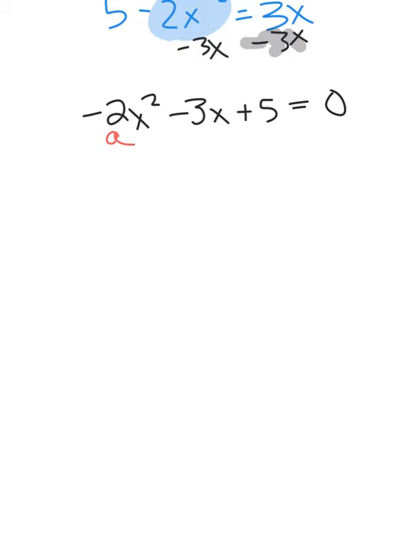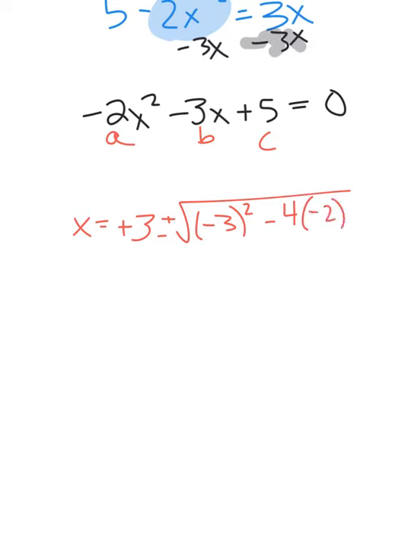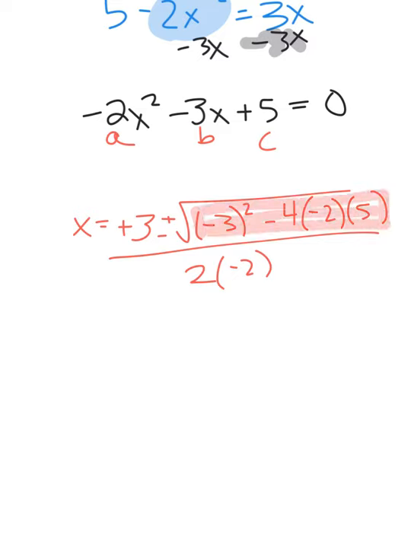So we've got the a, the b, and the c. X equals negative b, so positive 3 plus or minus square root b squared minus 4 times a times c all over 2a. Start underneath the square root, do that calculation first.